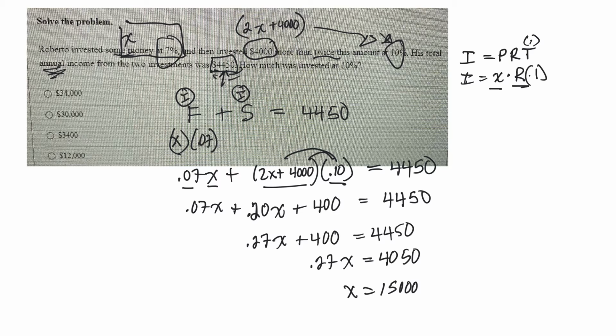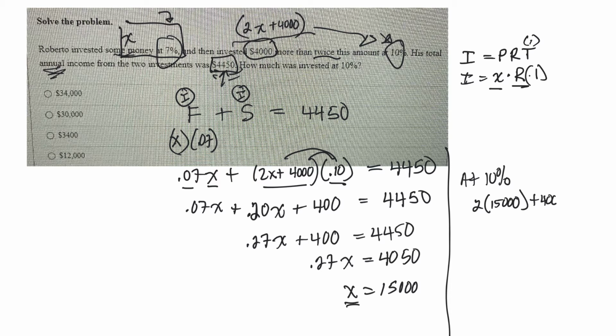Okay, so the question says how much was invested at 10%? Well, X is how much he invested at 7%. So if I wanted to figure out how much he invested at 10%, then I'd have to do this. So at 10%, it would be 2 times 15,000 plus 4,000.